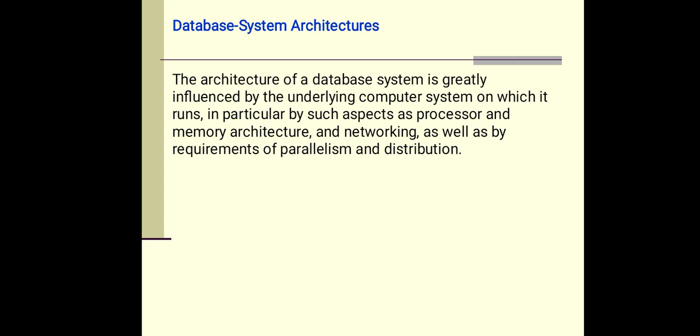Generally, the database system of the net or a website is a distributed architecture, because if you search something on Google, the websites you get, that information is located at different servers at different locations.